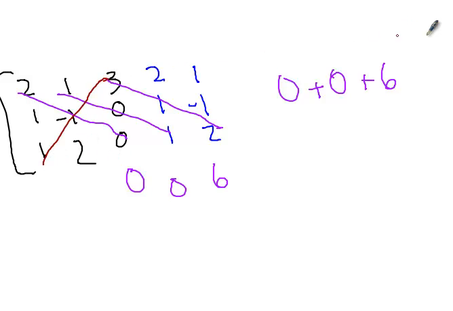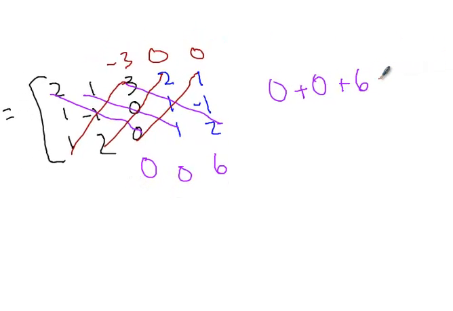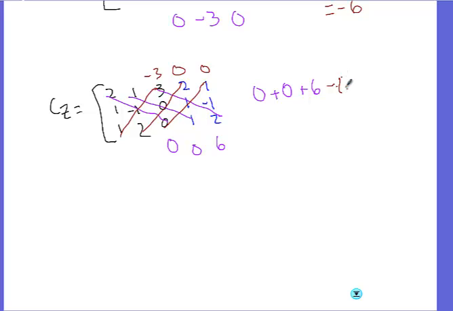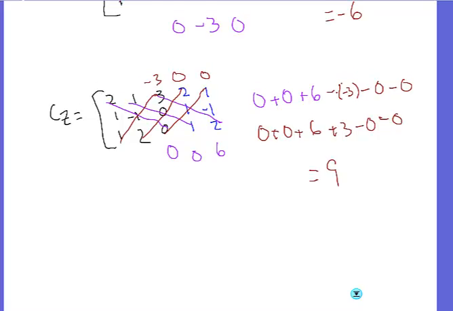Then we're going to take an up diagonal, which is going to be negative 3. Up diagonal is 0. Up diagonal is 0. So it's minus negative 3 minus 0, minus 0 minus 0. Made a lot of mistakes. It's early. So it's 0 plus 0 plus 6 plus 3 minus 0 minus 0. So that gives us an answer of 9.